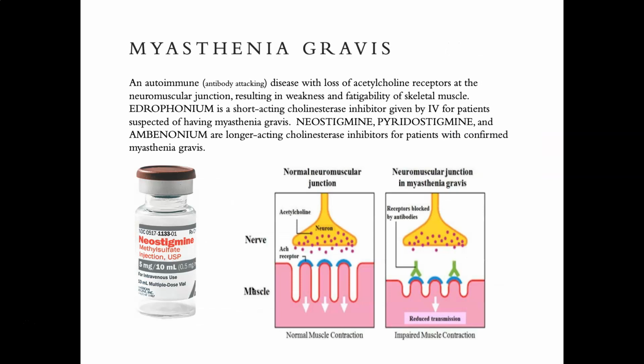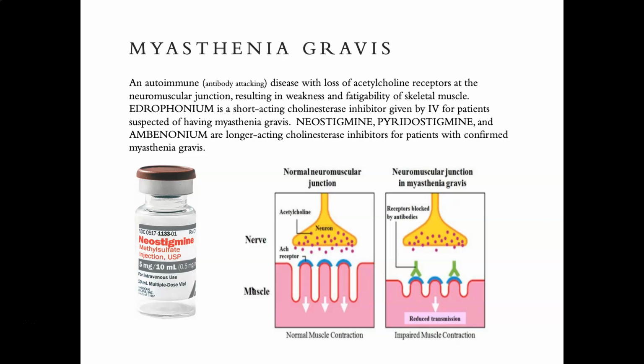An example is myasthenia gravis. This is an autoimmune disease, and so anytime you see the word autoimmune, think of your own body creating antibodies that attack. So your body's attacking itself. It's a disease with a loss of acetylcholine receptors at the neuromuscular junction, resulting in weakness and fatigability of skeletal muscle.